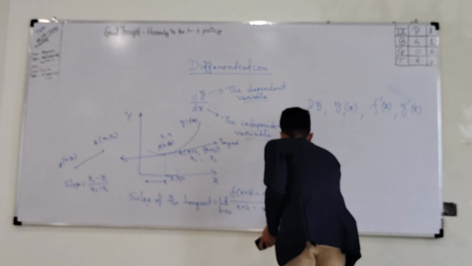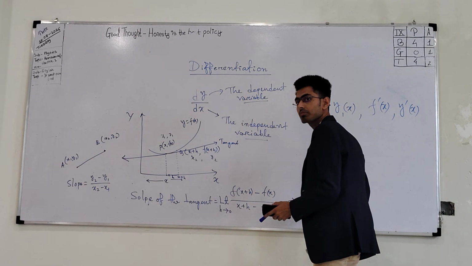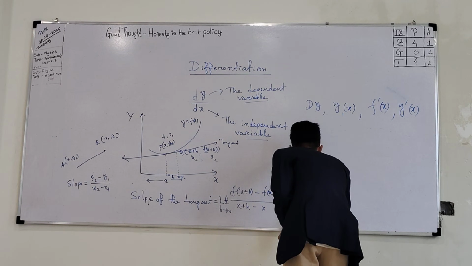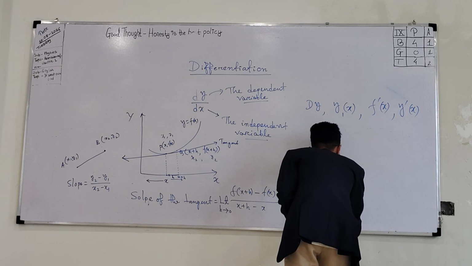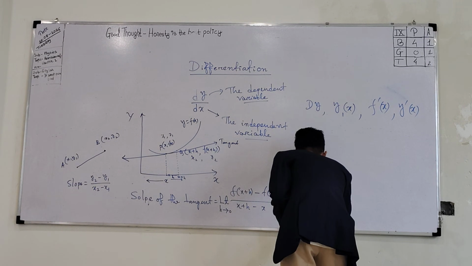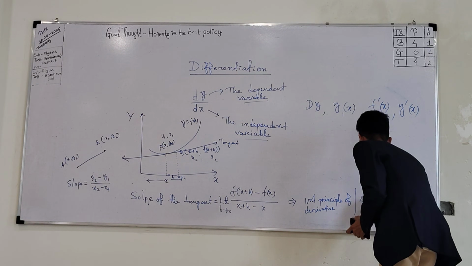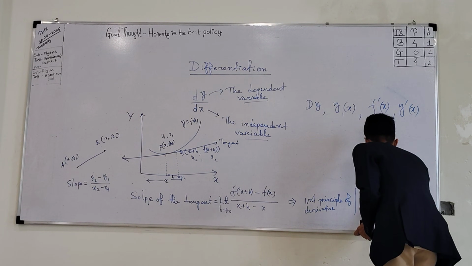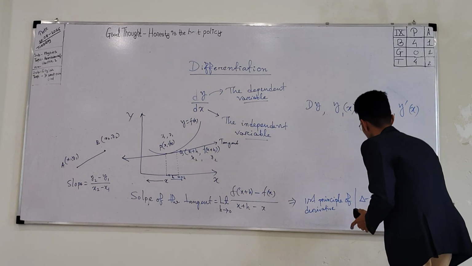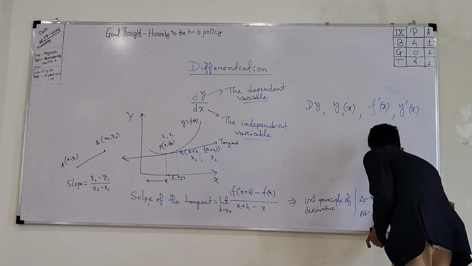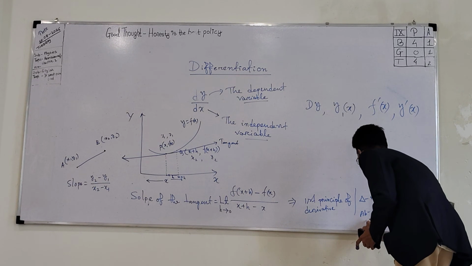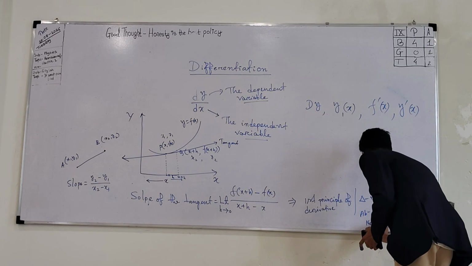This is called the first principle of derivative, or delta method, or ab initio method, or Newtonian differentiation.